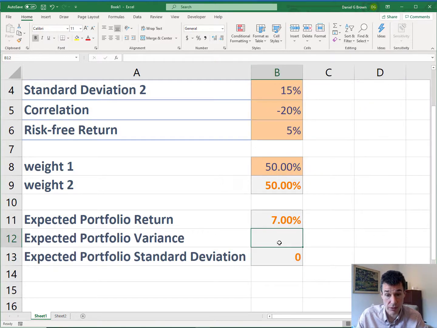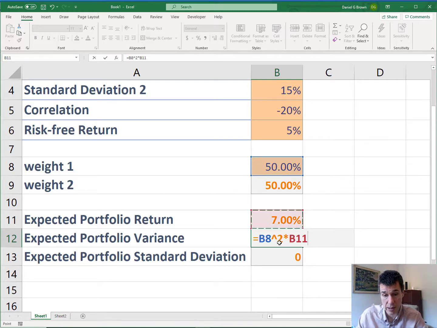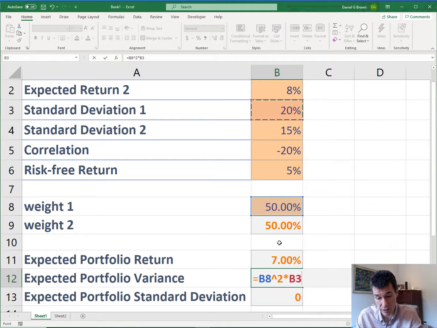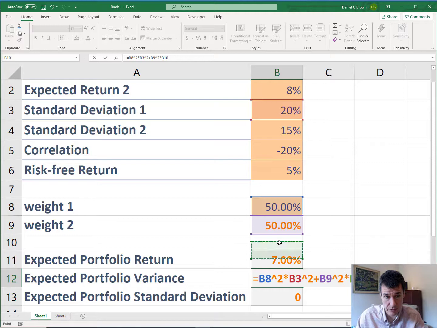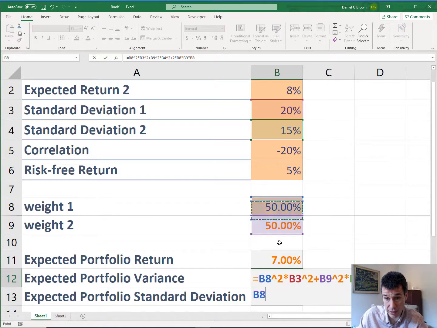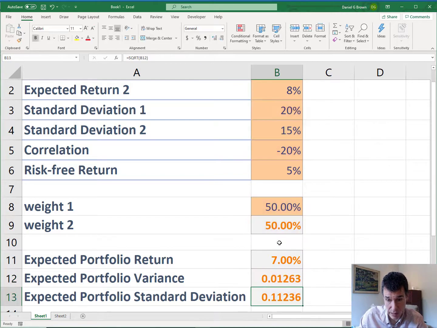Expected portfolio variance is weight 1 squared times standard deviation 1 squared, because that's the variance, plus weight 2 squared times standard deviation 2 squared, plus 2 times weight 1 times weight 2 times the covariance, and the covariance is standard deviation 1 times standard deviation 2 times correlation.